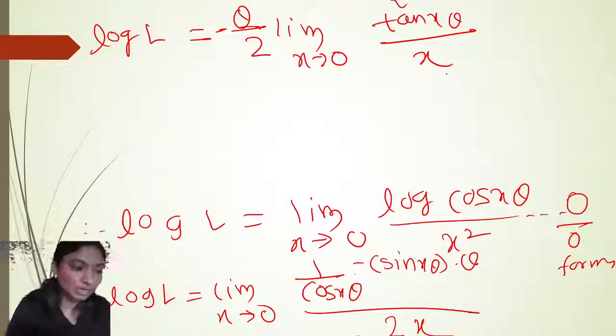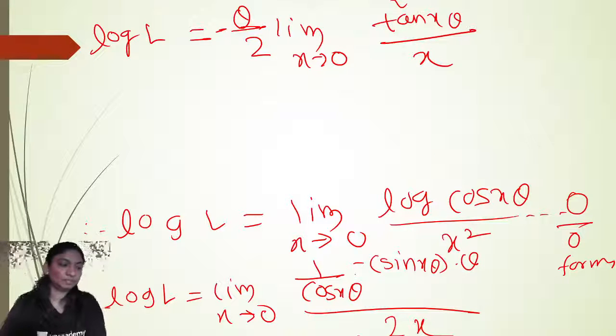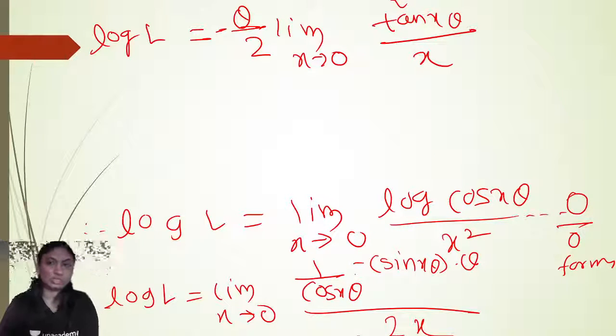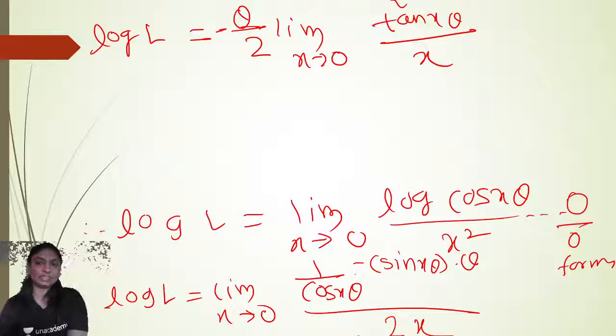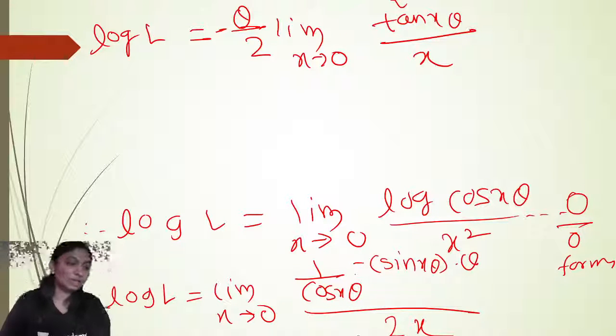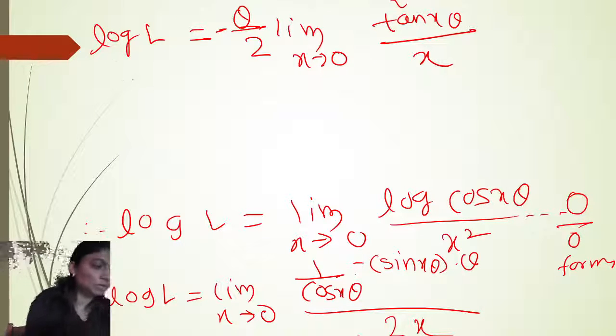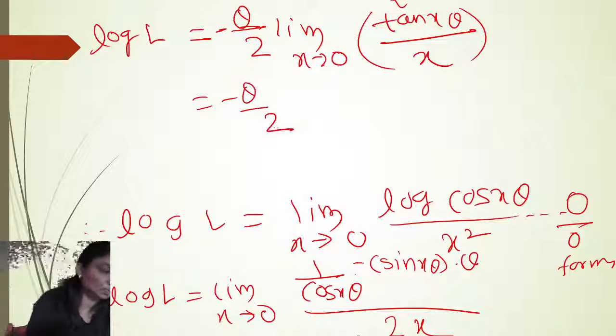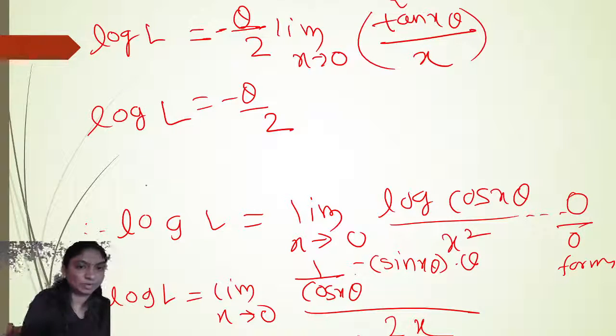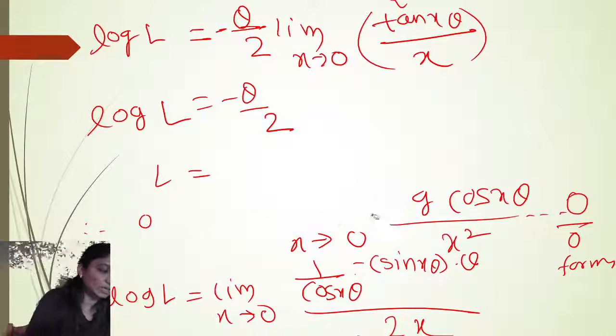So if you observe here, tan x theta upon x, limit of this is nothing but tan x upon x, limit as x tends to 0 is 1, right? So this is 1. So you will get minus theta by 2 into 1. So log L is equal to minus theta by 2. So L is equal to e raised to minus theta by 2.